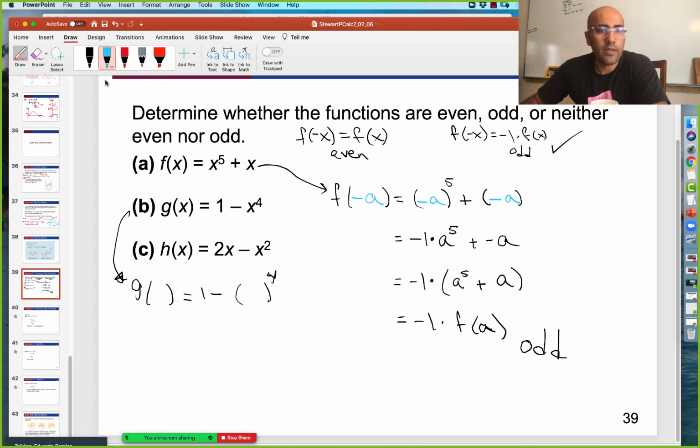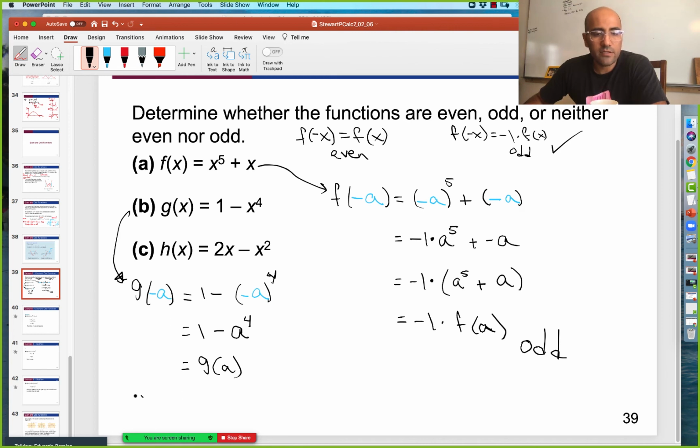And so we want to plug in negative a and see what happens. Well, we simplify it. That's just going to be 1 minus negative a to the power of 4, which is going to become positive, so this just becomes a to the power of 4. And then this is exactly this function evaluated at a. This is equal to g of a.